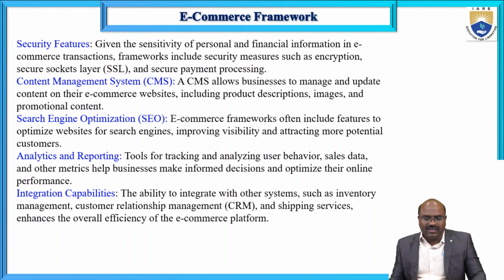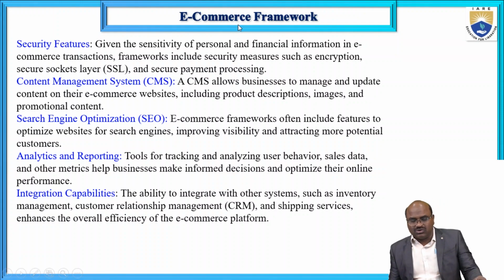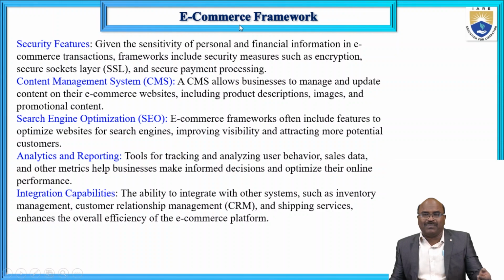And finally, two things are also there. One is analytics and reporting. Here, analytics is nothing but a tool for tracking and analyzing user behavior. For example, when a person goes to the online market and buys a book, automatically that person is also shown a pen or papers. That is a predictive algorithm we can use as a type of analytics and reporting tool.